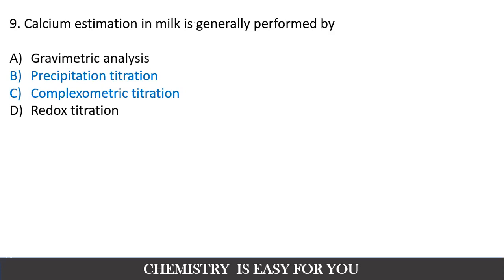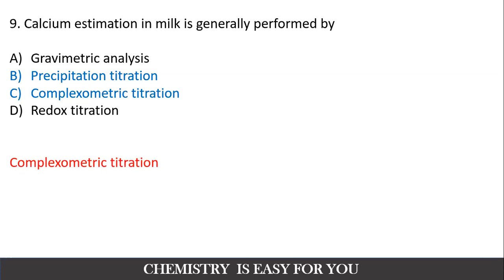The calcium estimation in milk is generally performed by. So here we have four options: gravimetric analysis, precipitation titration, complexometric titration, and redox titration. Again, as I said, some questions have certain disputes in the answers. One such question was this one, where people were confused between precipitation titration and complexometric titration. I have gone through a few papers to get the answer to this question, and definitely the answer would be complexometric titration.